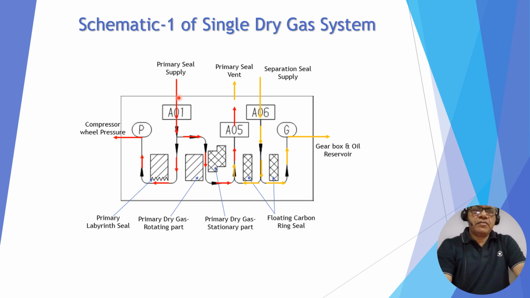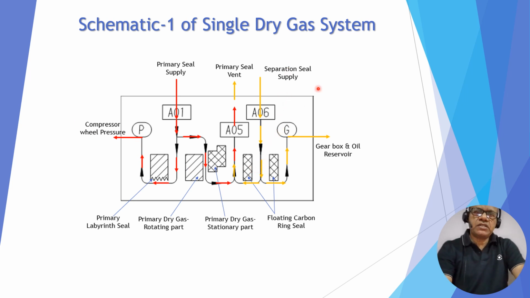If you look, this is the primary supply, most of the gas is passing and sealing the process side, because it goes to the compressor wheel pressure, and this is sealing the process gas, this is the main purpose of the sealing. And then it is also sealing the faces, and some leakage, which is very minimum, goes to the primary seal vent, which is connected to the flare.